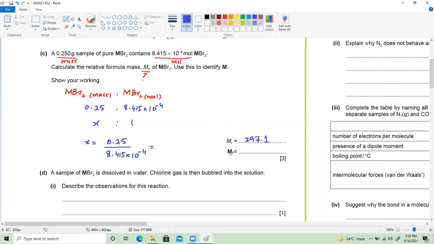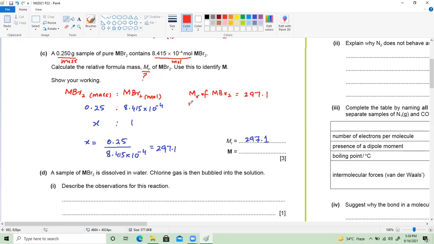So what would be the mass of this metal M? How do we calculate the mass of metal M? Yes, using the periodic table. You see the relative molecular mass, how is that calculated? Mr of MBr2, you know that it's 297.1 or 297. Now how is it calculated?